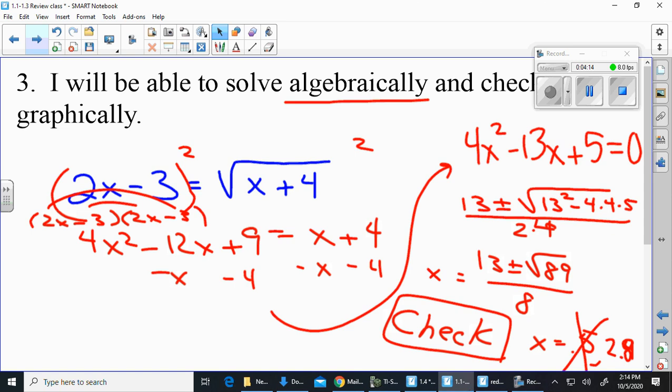When I squared the right, I got x plus 4. But when I square the left, I've got to do 2x minus 3 times 2x minus 3. Once I got to here, I have a quadratic. So I'm going to solve bringing everything over. So I subtracted x, subtracted 4. There's my quadratic.